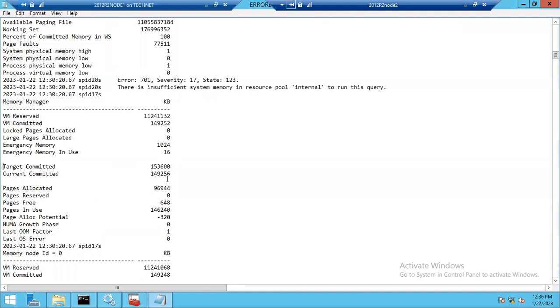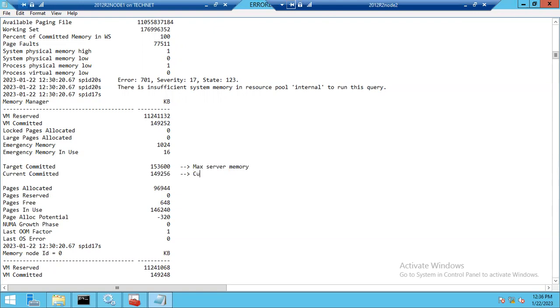But here you just understand what the SQL memory allocation is. These two performance counters are very important. They tell what memory is allocated to the SQL Server and what memory is currently consumed by the SQL Server. Target memory, you can consider this as max server memory.